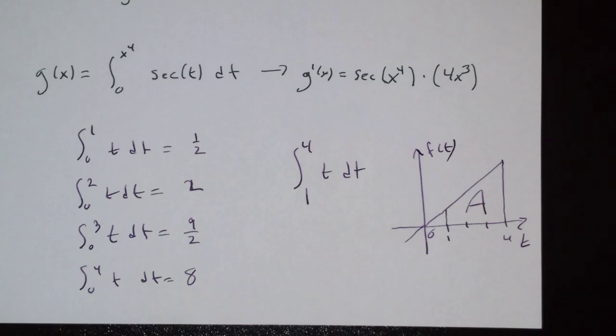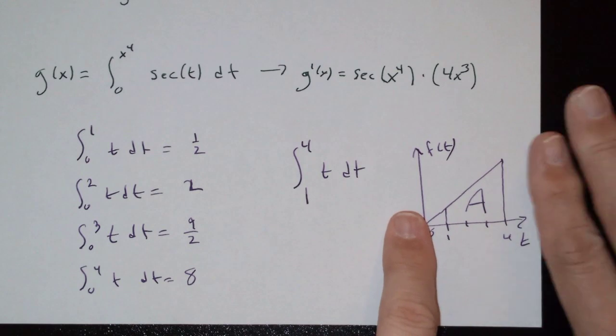How do I find the area of that shape? Just geometry, no calculus. I could also use the numbers we already have over here, right? If you think about this number down here, that's the area that goes from 0 to here.